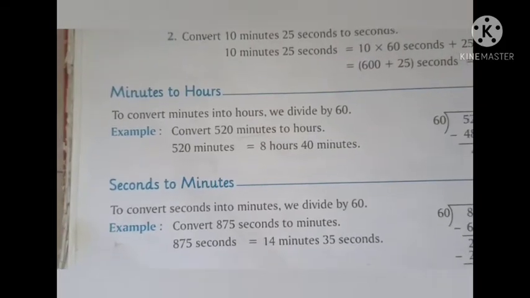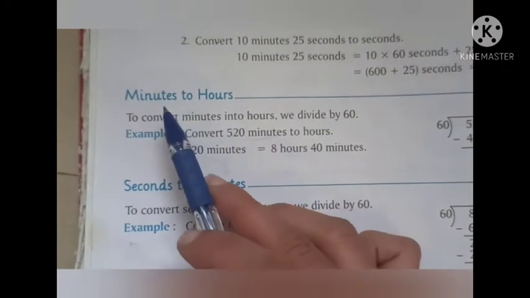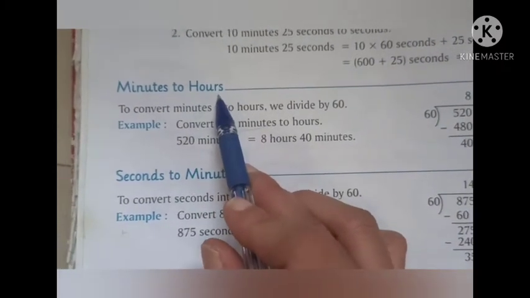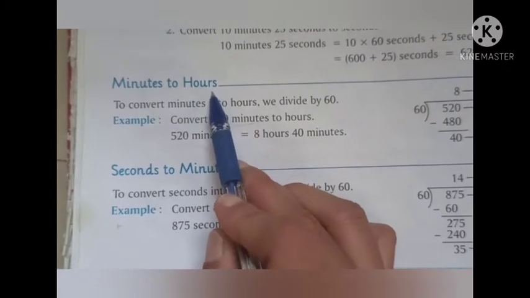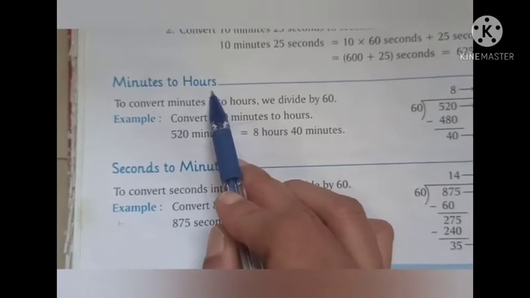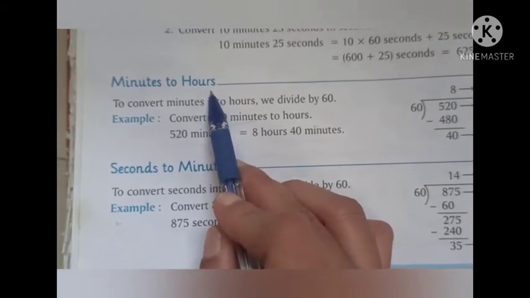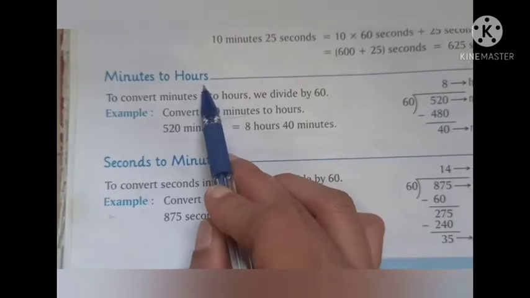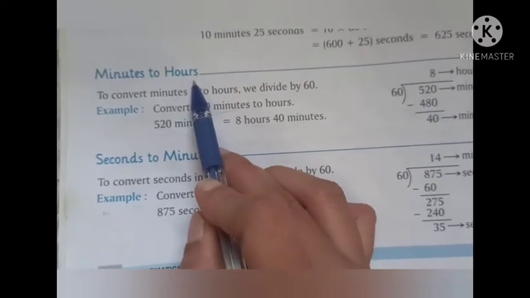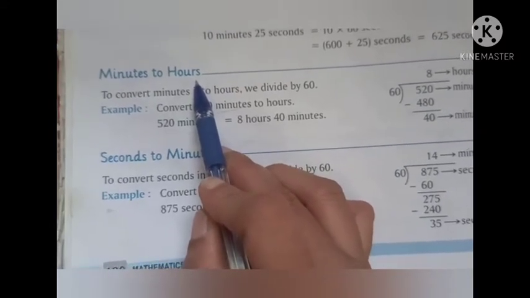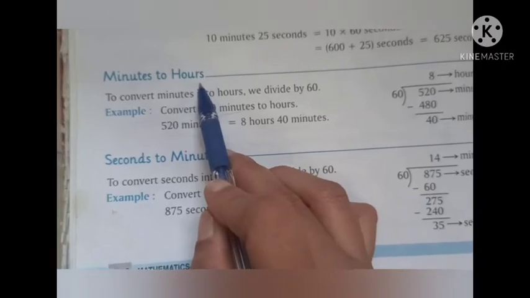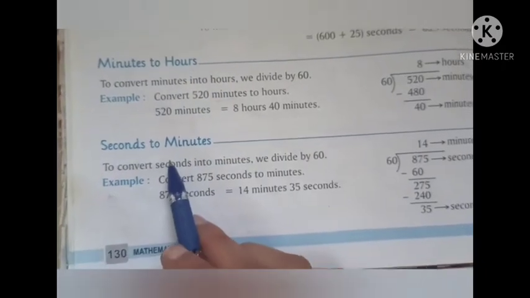Students, now let us see conversion of minutes to hours. So on the board I have shown you how to convert bigger unit to smaller unit, that is hours to minutes and minutes to seconds. Now let us see conversion of smaller unit to bigger unit, that is minutes to hours and seconds to minutes.